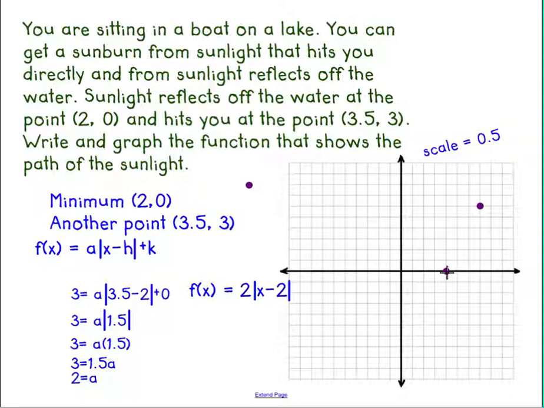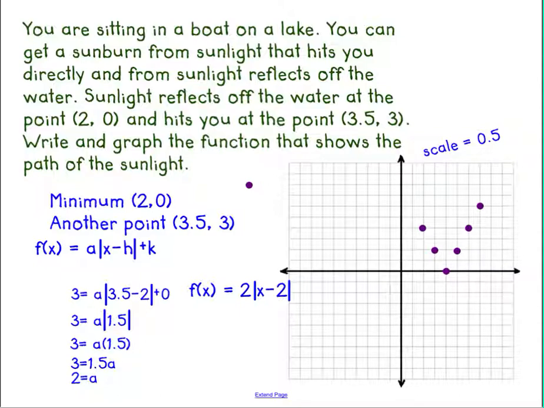Now it kind of depends on which way you want to think about it, but probably want to put some points on here next instead. So let's do that. We're going to go to the left 1 and up 2, so we've got that vertical stretch, and left 2 and up 4, and right 1 and up 2, and right 2 and up 4, and notice how nicely that's going to fit right in with that other point that's there.